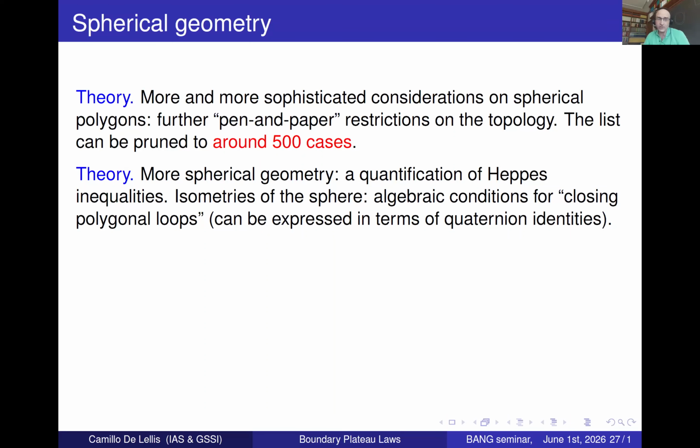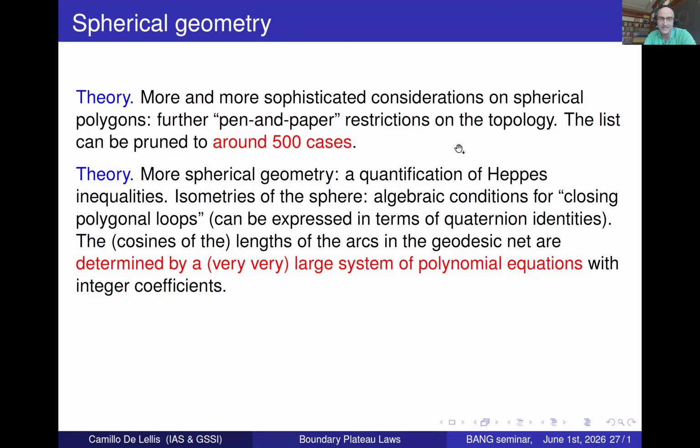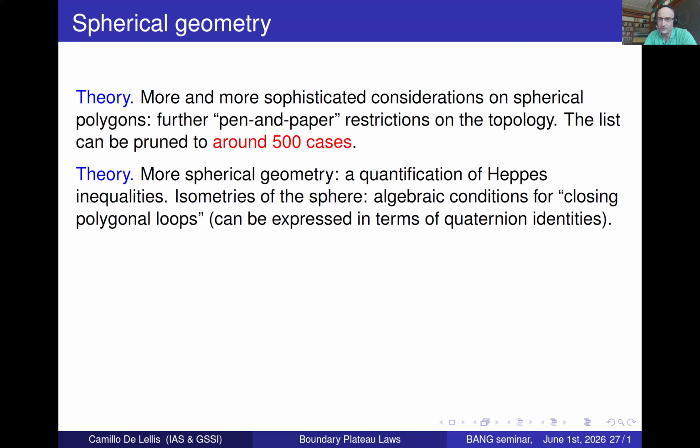This is not surprising once you write it down, but it's possible to write a closure condition for a spherical polygon, which is general, not necessarily convex, as a system of algebraic equations, which can be expressed very elegantly as an identity for quaternions. The way to understand this is that instead of thinking that you have a closed polygonal path, think that you are traveling along the path.